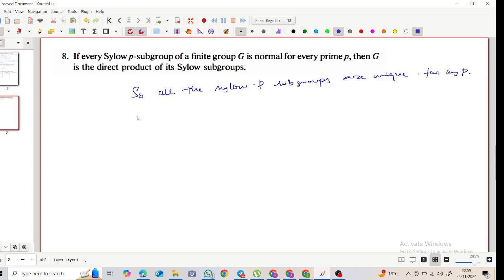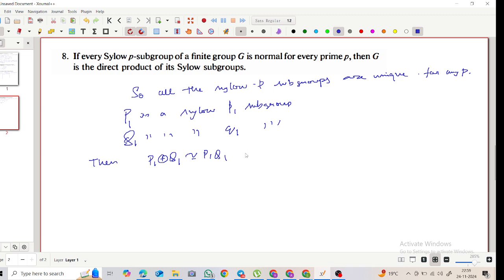So one thing we are sure, that if P1 is a Sylow p1-subgroup and Q1 is a Sylow q1-subgroup, then P1 direct product Q1, I mean isomorphic to P1 Q1, is normal in G, right?